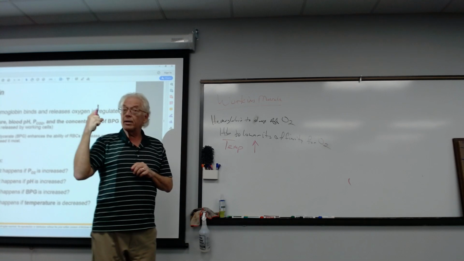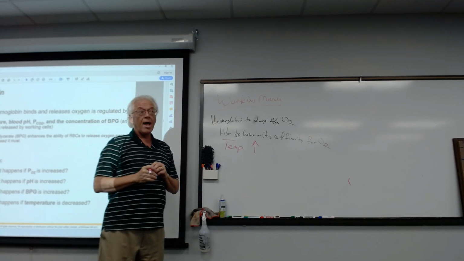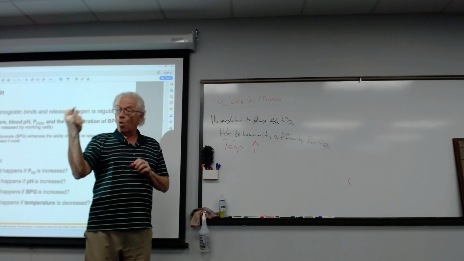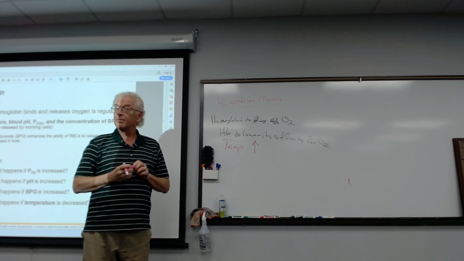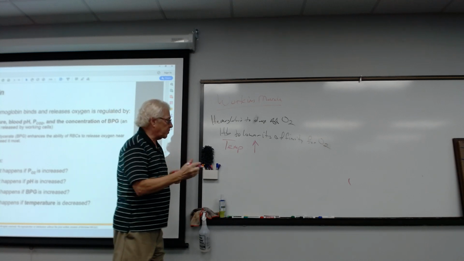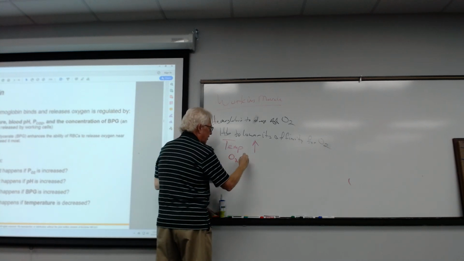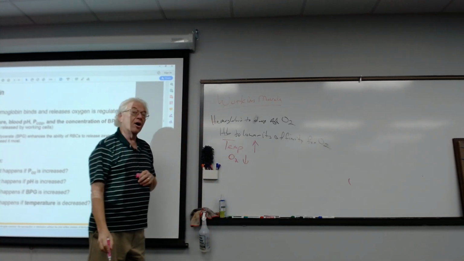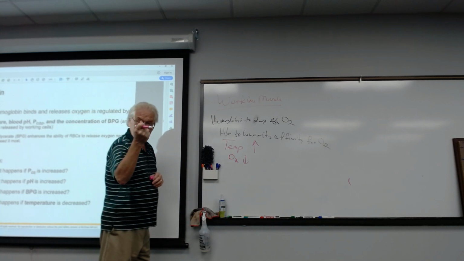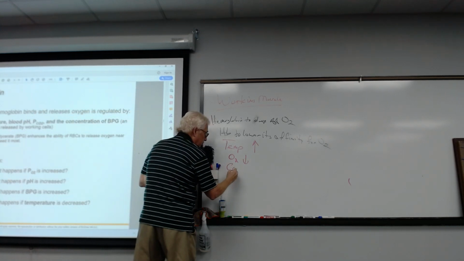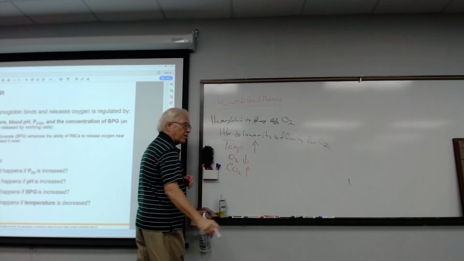When it's working, do you have more oxygen in the tissues or less? Less, because you're using it for cellular respiration. So your O2 levels are actually down. But what are your tissues making when you're doing cellular respiration? CO2. Yeah. So my CO2 levels are higher than normal.